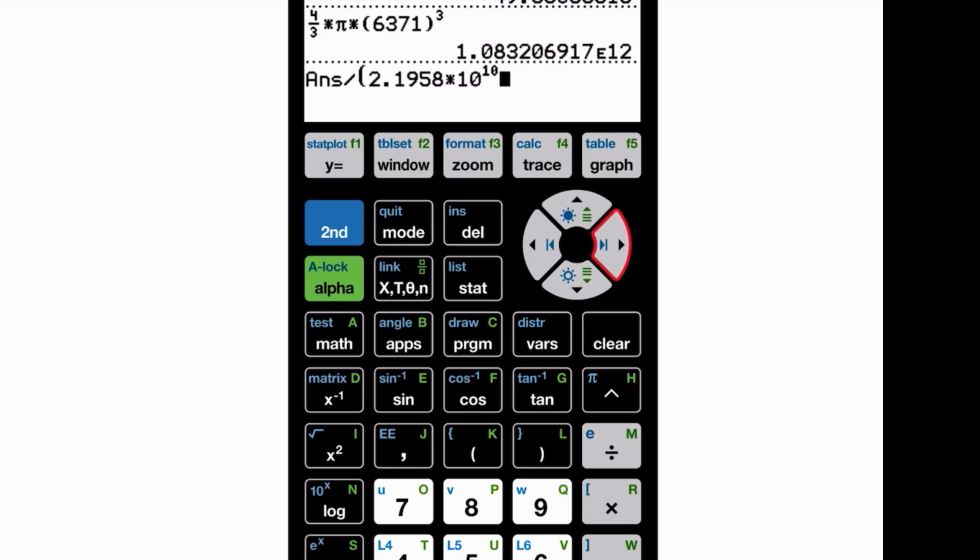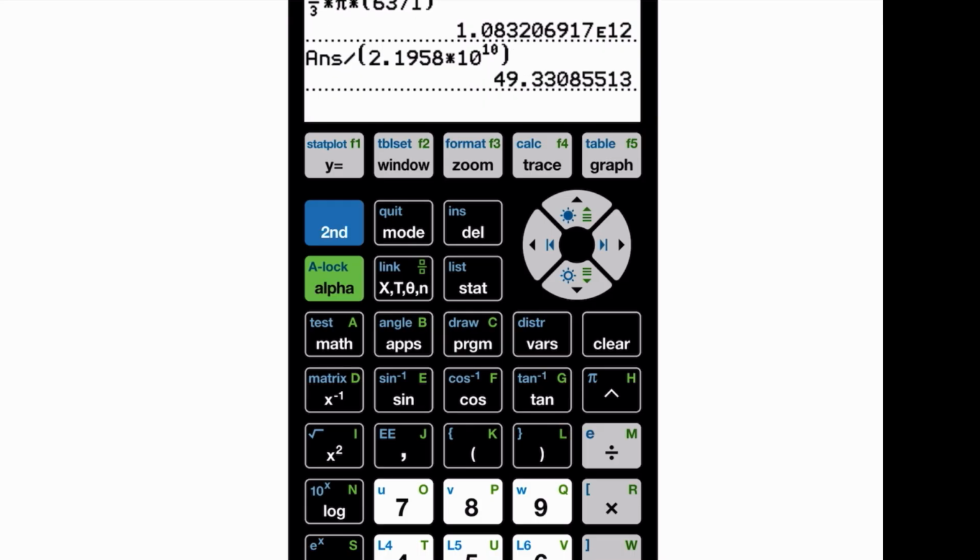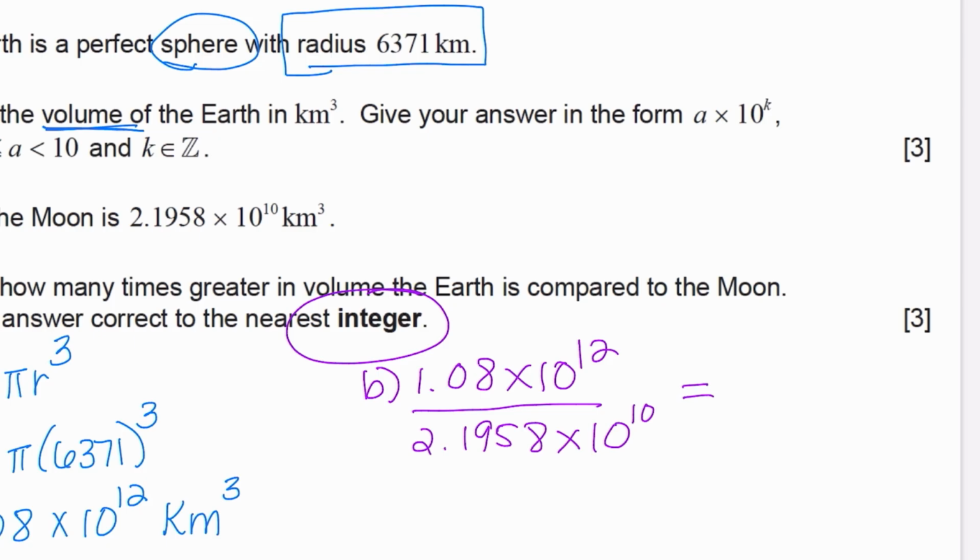I put the parentheses just to make sure I don't make a mistake. When I press enter, I get 49.330855. I'm going to write my answer with a few decimal places, and then because it says to round to the nearest integer, the correct answer is 49 times greater.